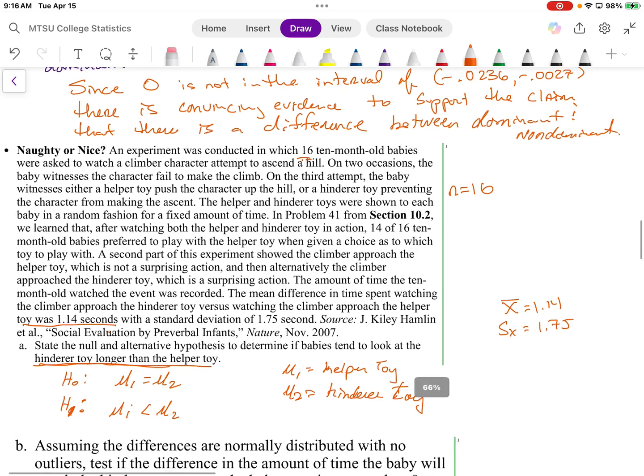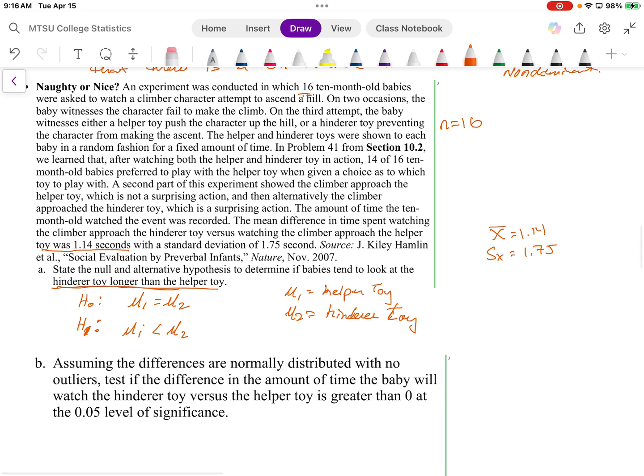So now as I go through, assuming that the difference is normally distributed, they didn't give us data values, so they have to give us that statement that we met the conditions, so we can go ahead and do the test. And they ask whether the difference will be greater than 0.